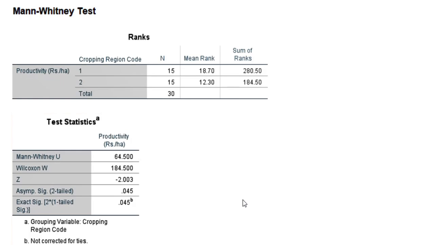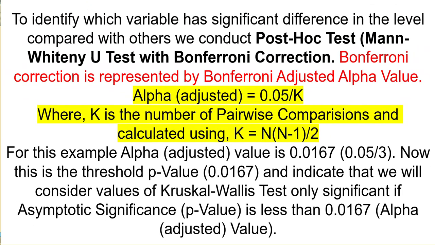But keep in mind, in this case we will perform Bonferroni correction because multiple tests are performed, to adjust the significance level. Bonferroni adjusted alpha is calculated to justify whether there is a significant difference between these two cropping regions' productivity.